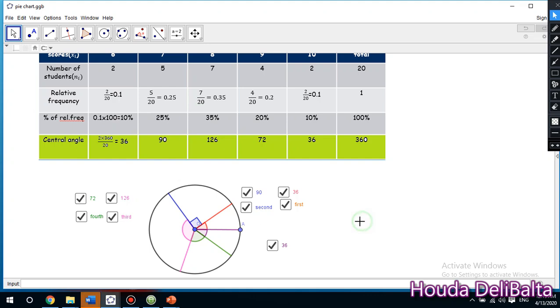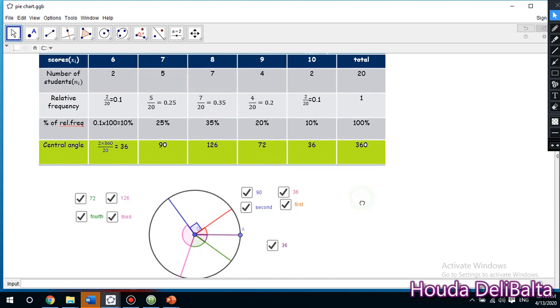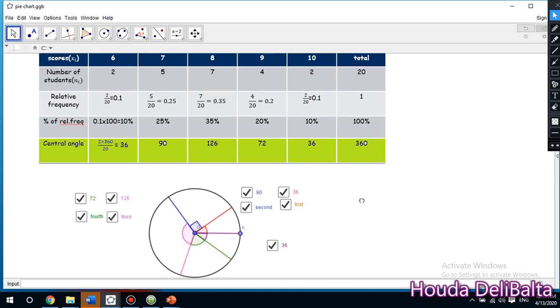Okay. Now, if the question was to draw the pie chart relative to the percentage, or the percentage pie chart, or the relative frequency pie chart, I have to distribute inside this pie chart according to the question.